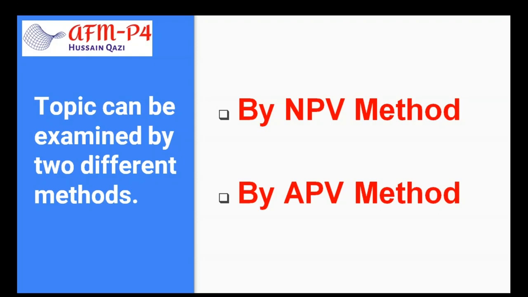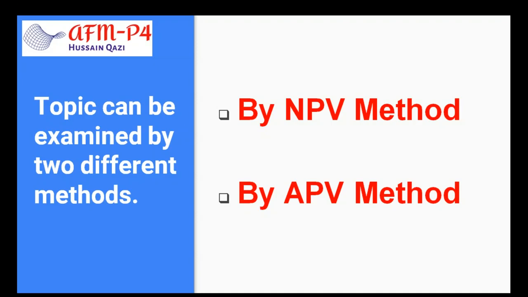The examiner has already examined both categories of international investment: international investment appraisal by NPV method and by APV method. But do remember one thing, the examiner majority of times examines the NPV method for international investment.